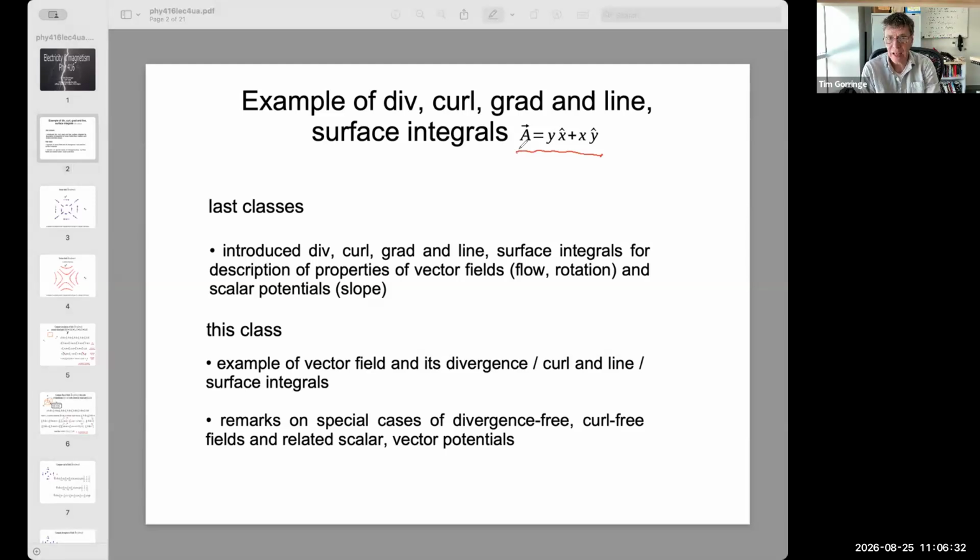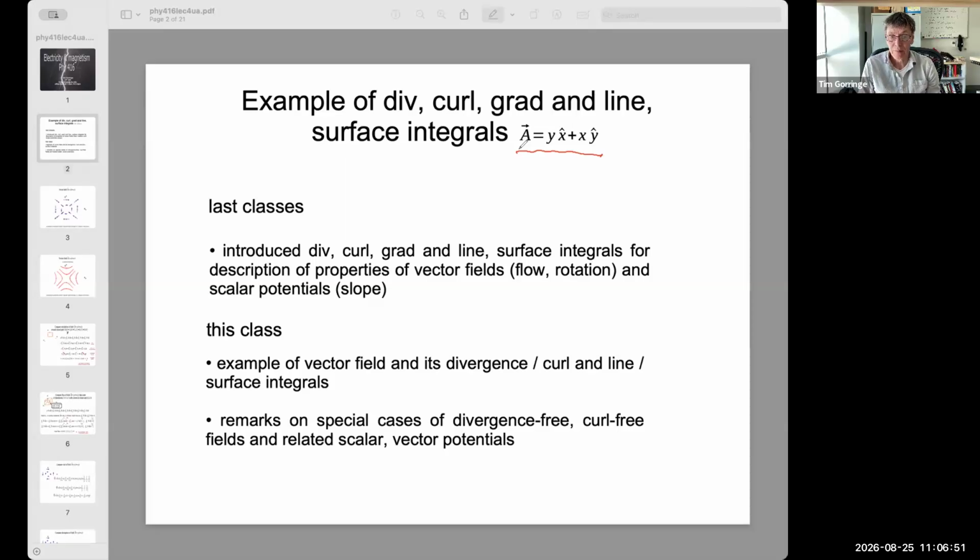I'm going to call that field A. The vector field A has an x component and a y component. The x component depends on the y coordinate, interestingly. The y component depends on the x coordinate, interestingly. It doesn't have a z component.